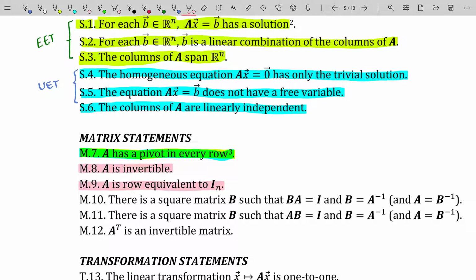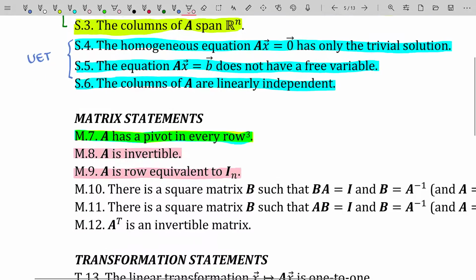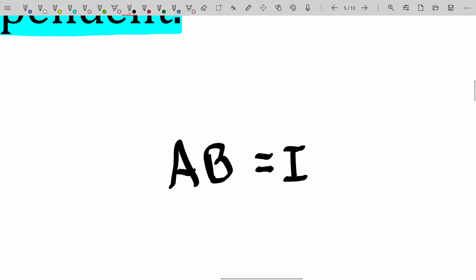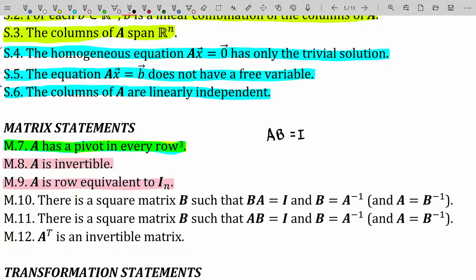The next two, I could have written them as a single statement, but I just didn't, for a very special reason, because I had mentioned in a previous video that it is not always the case. Say we have two matrices, A and B, and I told you that A times B is the identity matrix. It is not necessarily true that B is the inverse of A. It is true if A and B are both square matrices, but it's not true if A or B are not square matrices.